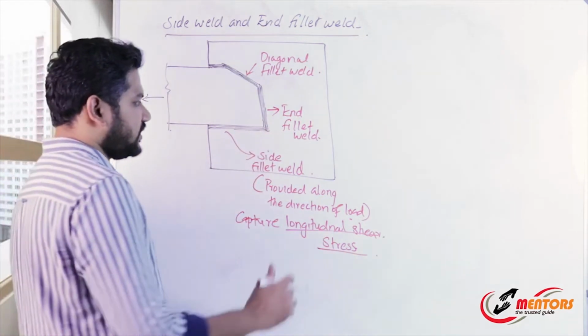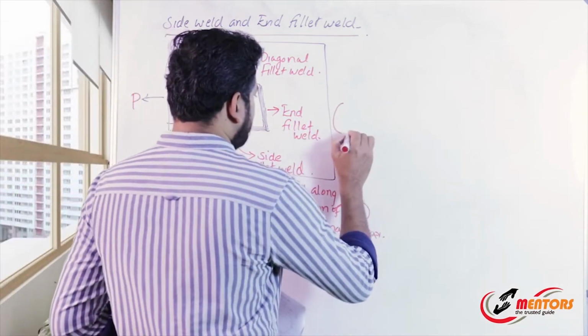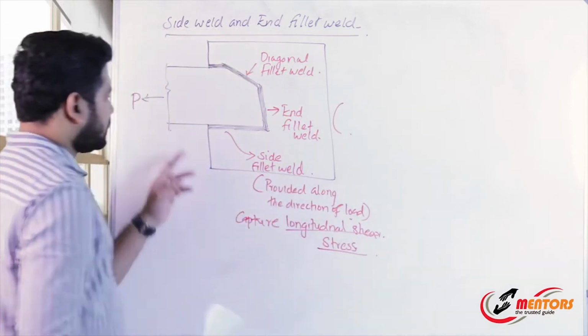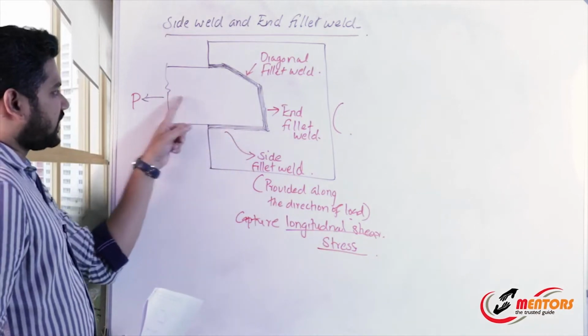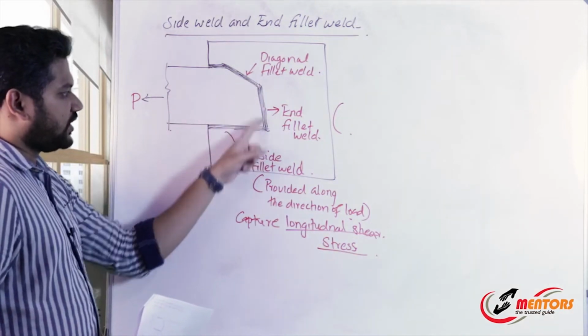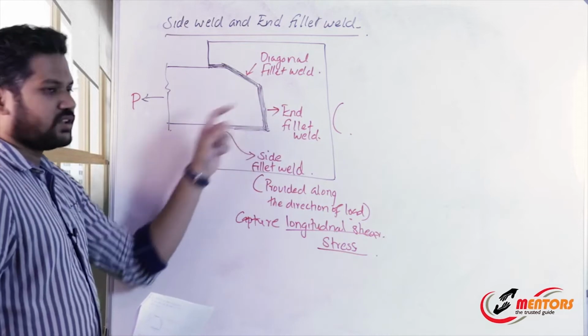Then coming to the end fillet weld. The end fillet weld is provided perpendicular to the direction of load, because here the load is acting in this direction, and comparing the direction of load with the orientation of this fillet weld, it is at 90 degrees.